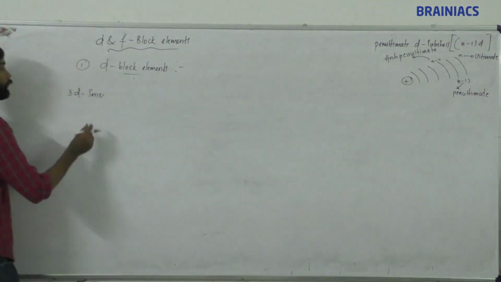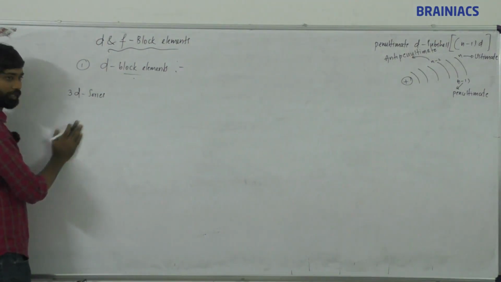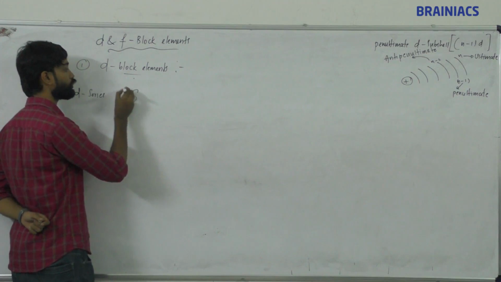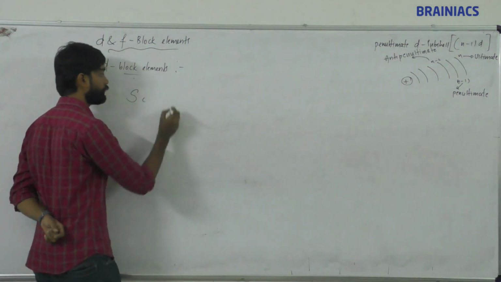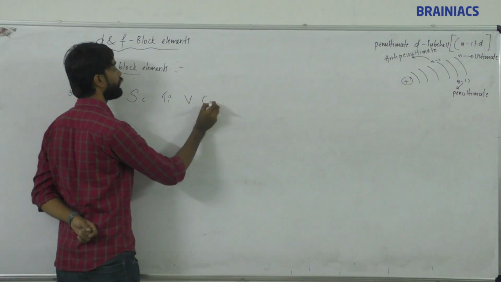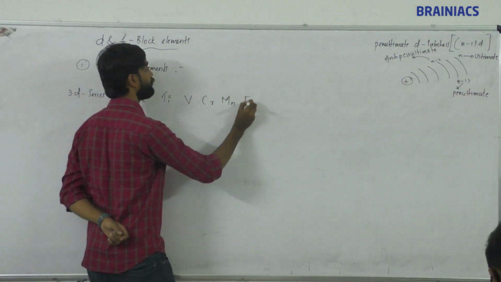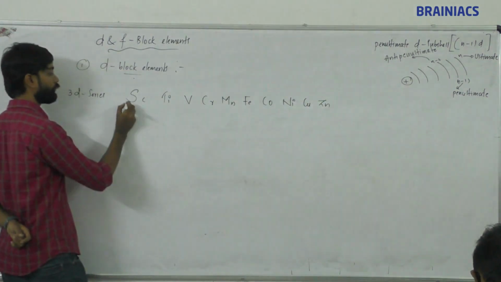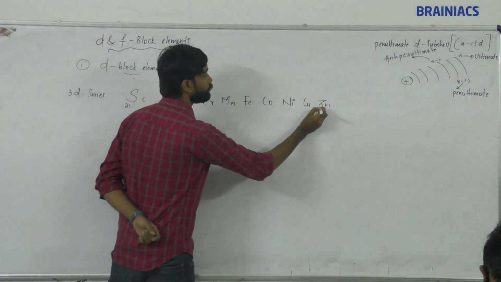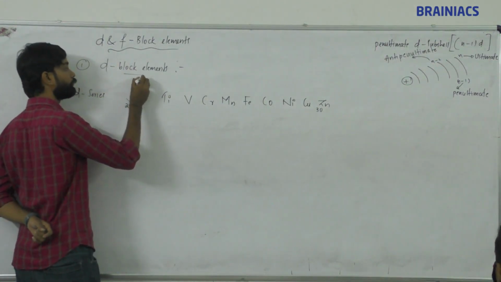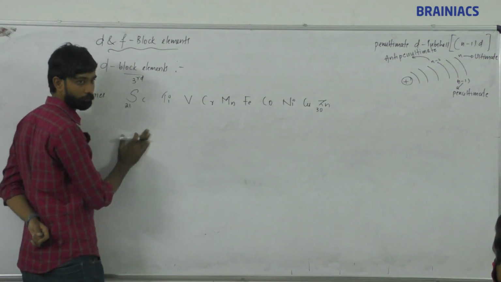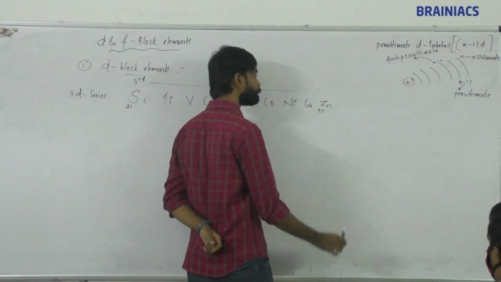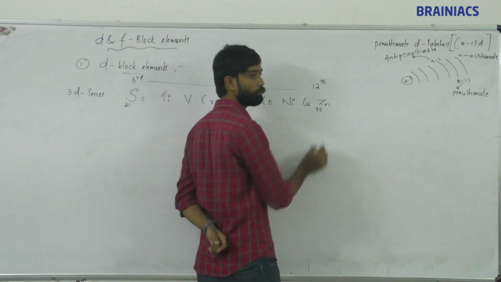If the last electron enters the penultimate 3D subshell, they belong to the 3D series, of how much? 10: scandium, titanium, vanadium, chromium, manganese, iron, cobalt, nickel, copper, zinc. Atomic numbers 21 to 30, groups 3 up to 12.